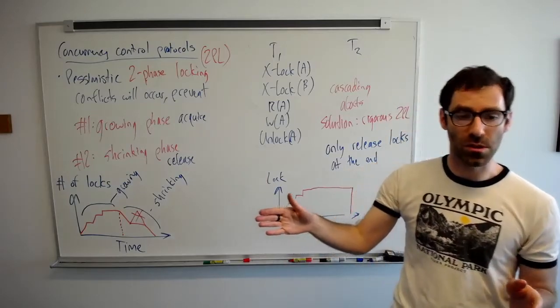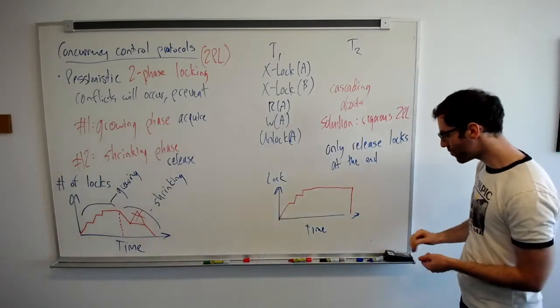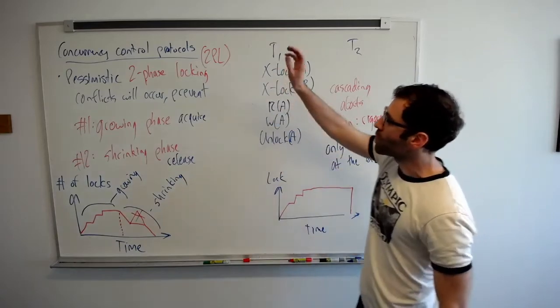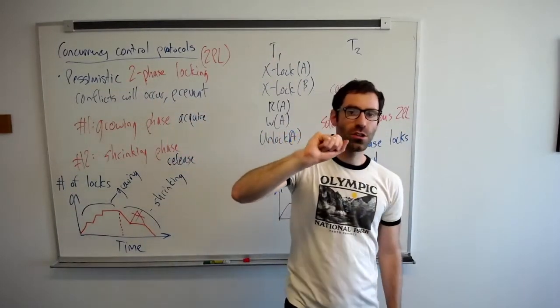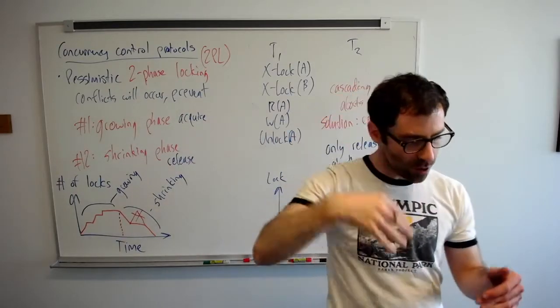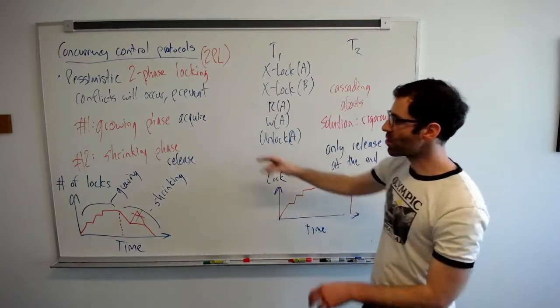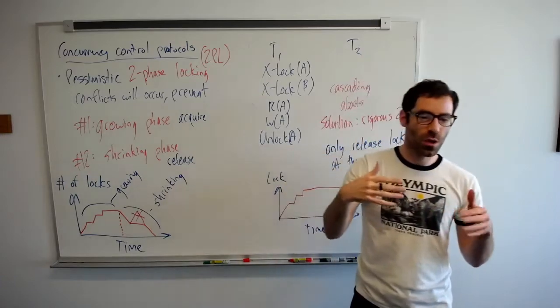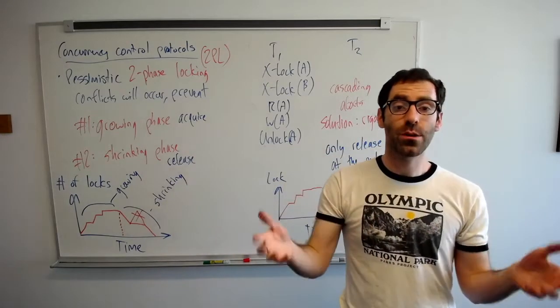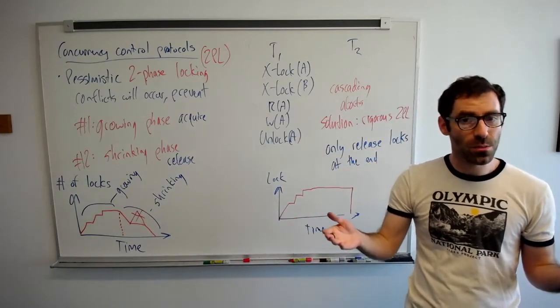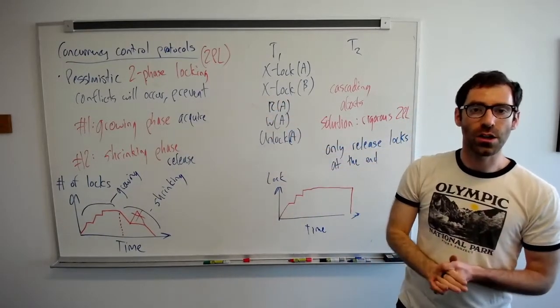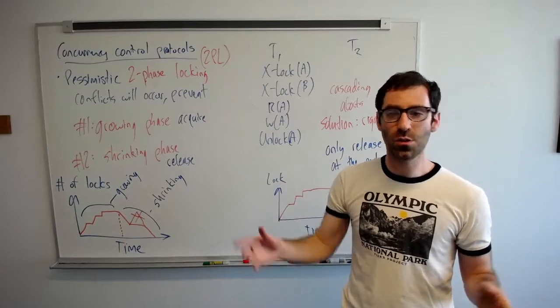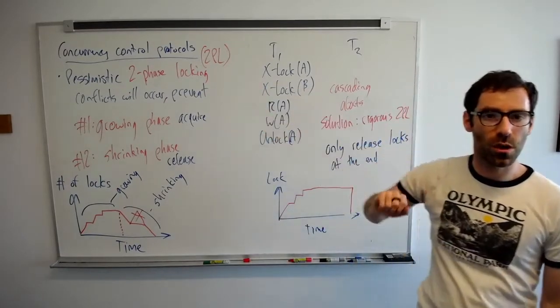So our two-phase locking, pessimistic concurrency control, by enforcing that you have this growing and shrinking phase, is going to not allow some schedules that would be serializable but would not be consistent with two-phase locking. So we're losing out on some potentially efficient schedules by forcing them to follow this.